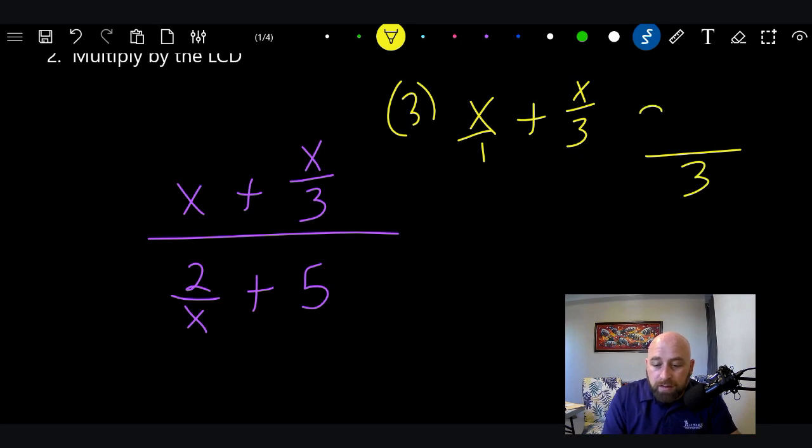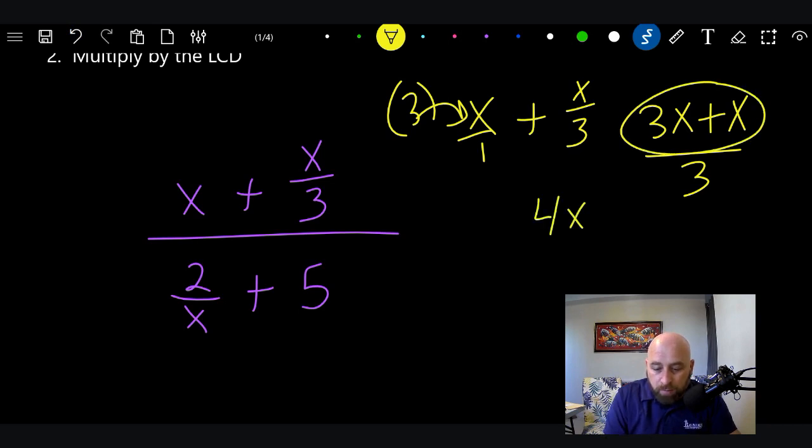And so we're going to get 3x plus x. So we had to multiply that by 3 so that we could get a denominator of 3. So 3x plus x over 3. We can add that together now. And so the numerator here is going to be 4x over 3. That's what that becomes right there.